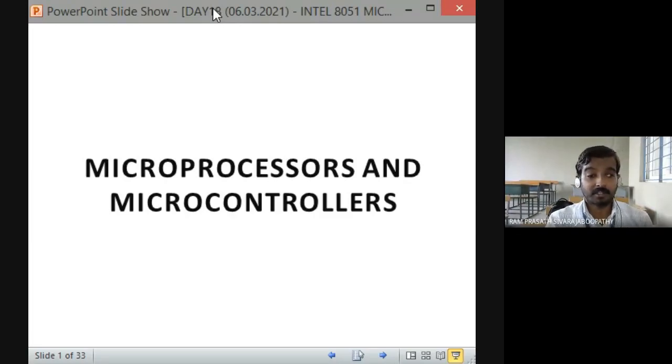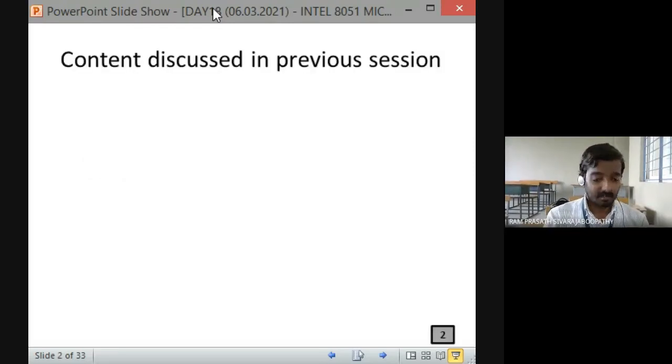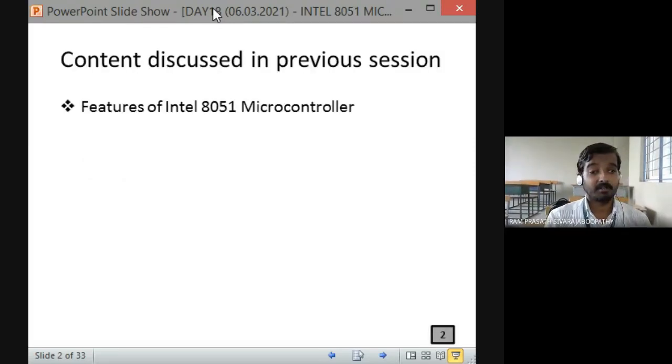Before getting into today's topic, we will see what are the things we have discussed in the previous session. In the previous session, we have told the features of Intel 8051 microcontroller. What about the word size of 8051 microcontroller? Yes, very good. 8-bit.